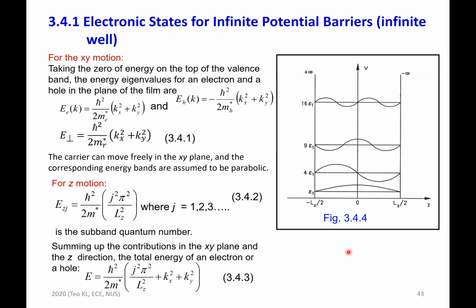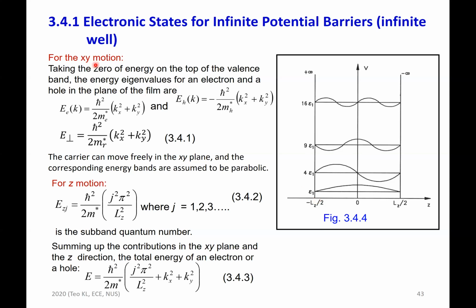So I just need to summarize the essential result. For an infinite potential barrier, that means the well is infinite, you have infinite quantized levels, and this is your well width.